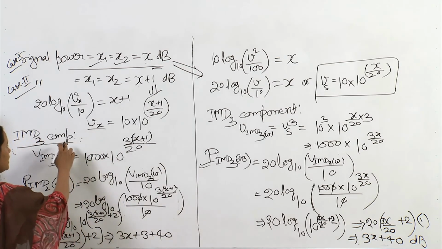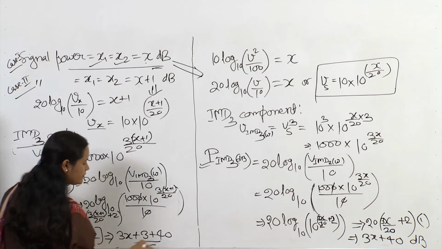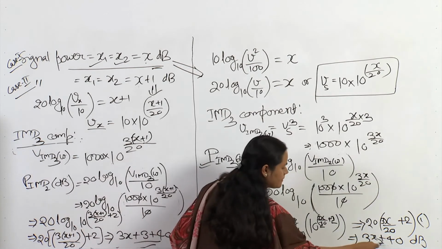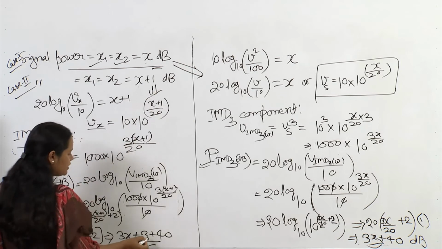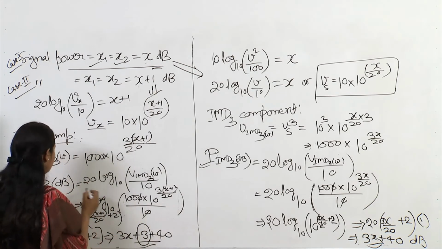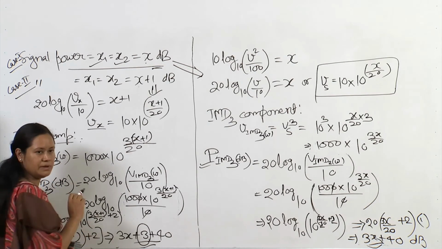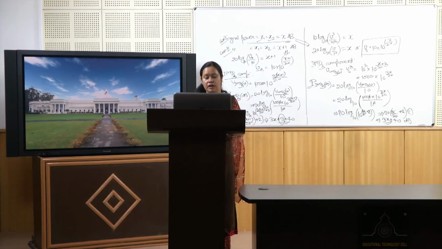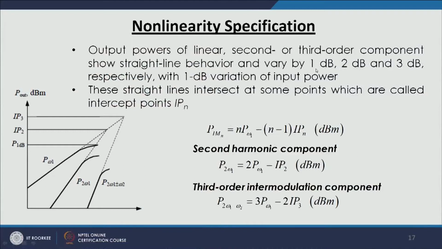So, now for the third order distortion, if you compare this term and this term, by increasing the signal power by 1 dB, we have increased the IMD power for the third intermod by 3 dB. So, by increasing the signal power by 1 dB, we are getting the variation of 1 dB, 2 dB, 3 dB for the intermodulation product.